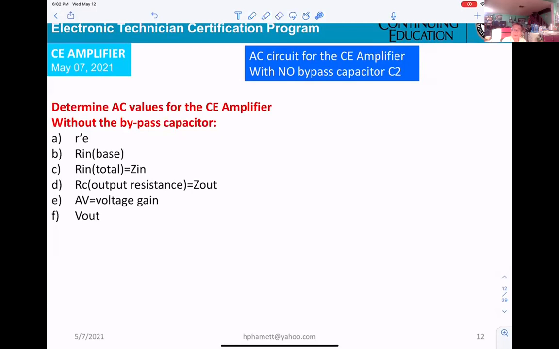Okay, so the fourth one will be 22 ohm, if you're doing it right. Who get the R in base for me?